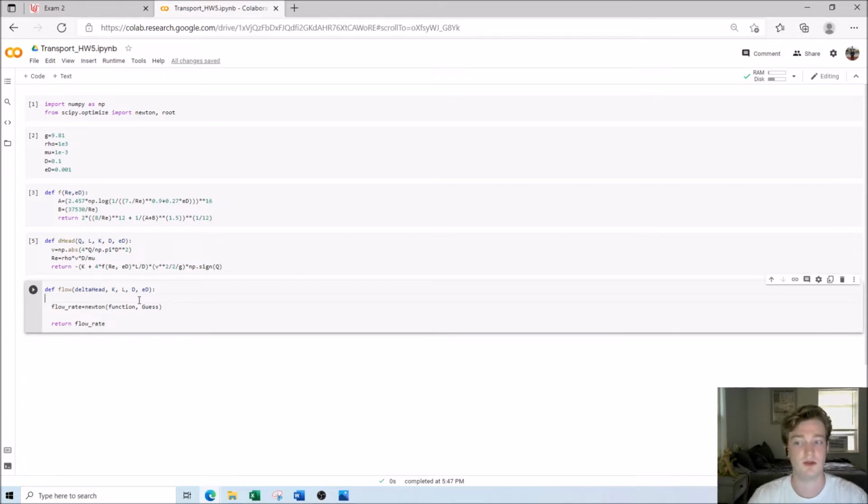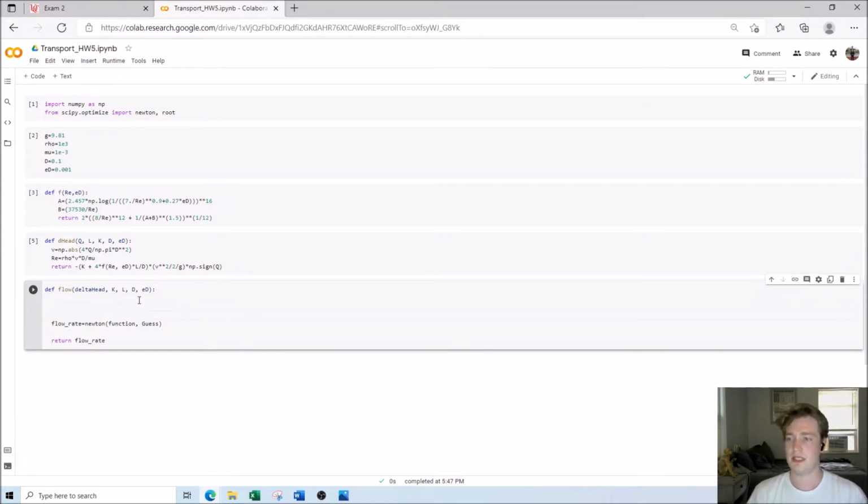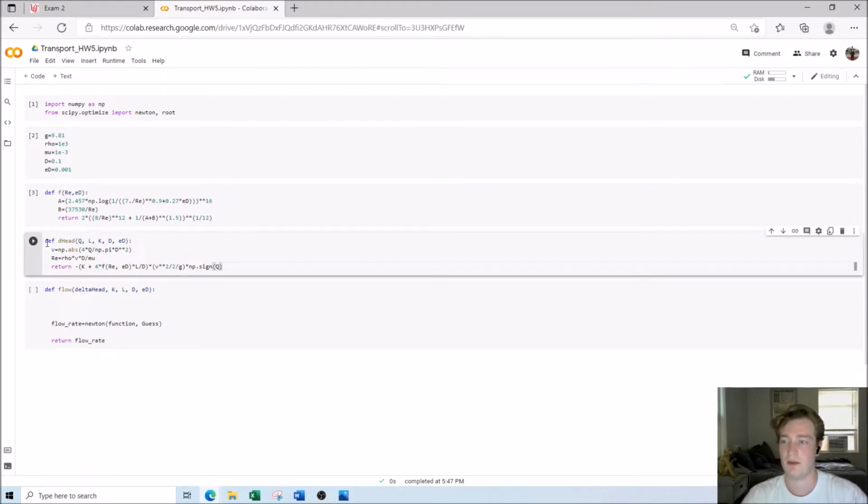We're also going to find a way to calculate a guess for our initial value, right? So what did we say we want within this function? We want to subtract a given delta head, probably the one at the top of the function, from a calculated delta head. Probably we can use this equation that we wrote up top.